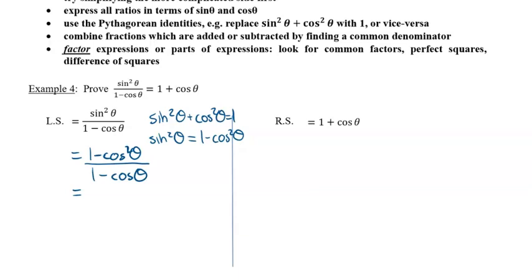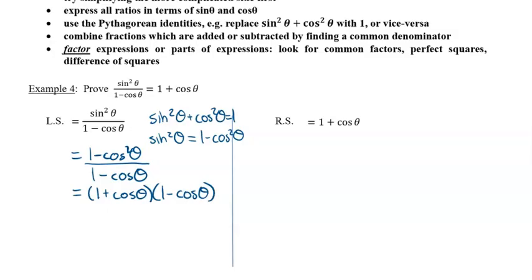So before I cancel the 1 out with the 1 below, I need to factor it fully first, because I can't cancel if I'm adding or subtracting things in the numerator or denominator, only if I'm multiplying. So I'm going to make this be 1 plus cos theta times 1 minus cos theta.